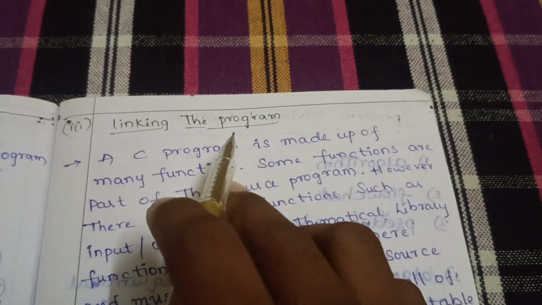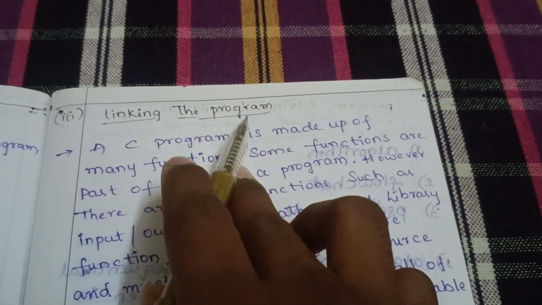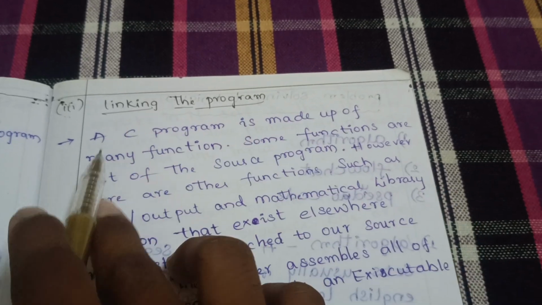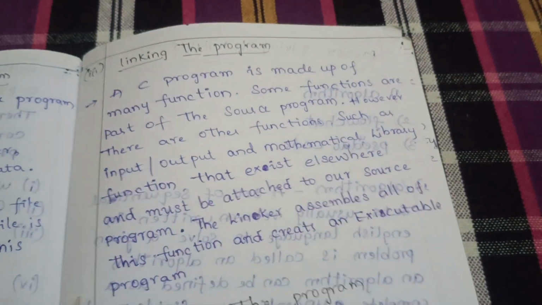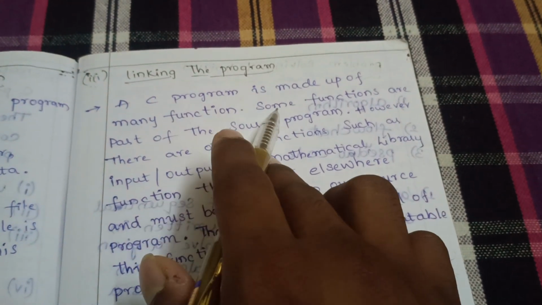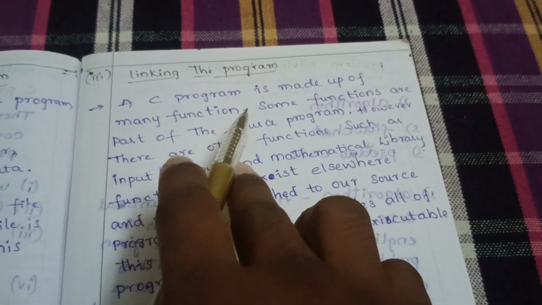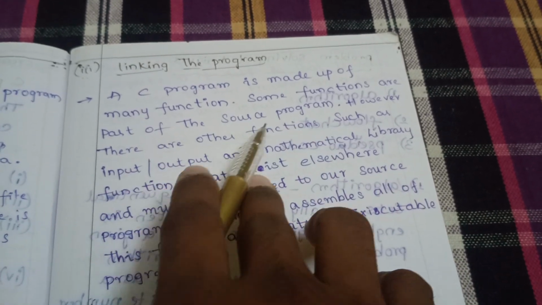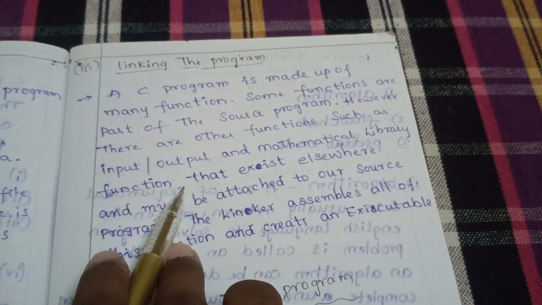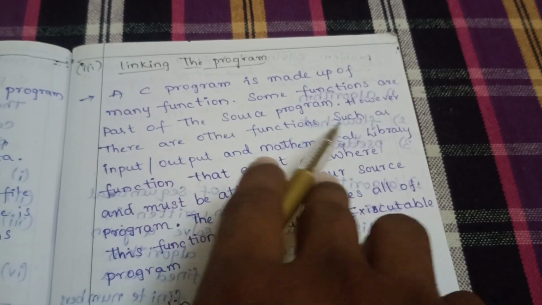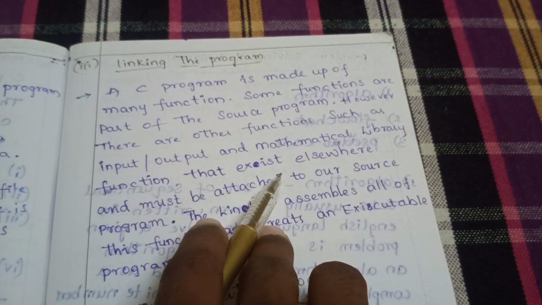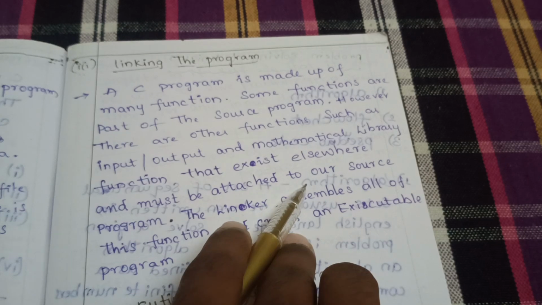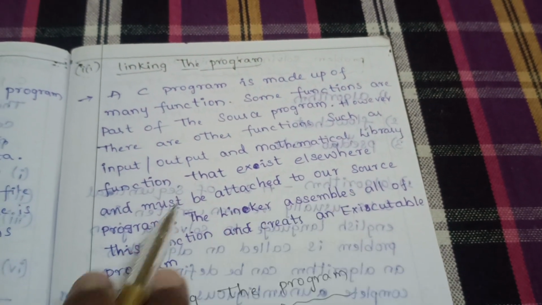Next, linker, linking the program. A C program is made up of many functions. Some functions are part of the source program. However, there are other functions, such as input output and mathematical library functions, that exist elsewhere and must be attached to our source program.